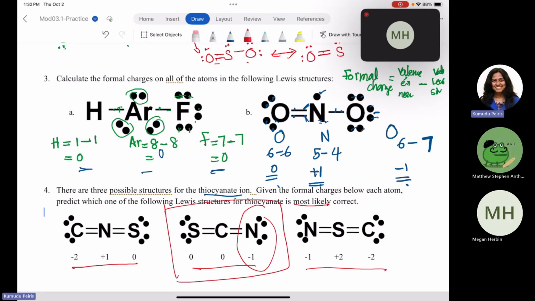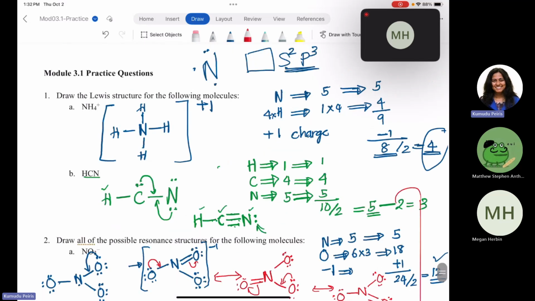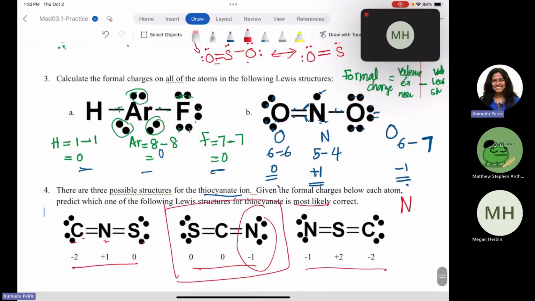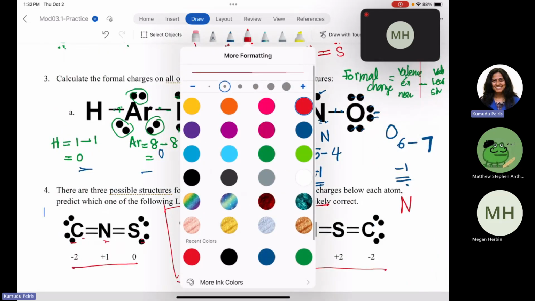When we look at CNS, what is the most electronegative one of the three elements: carbon, nitrogen, sulfur? The most electronegative one is nitrogen. So the most possible Lewis structure drawn for this ion should have the negative charge on the nitrogen.